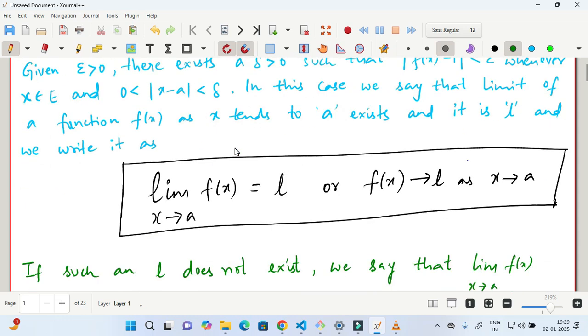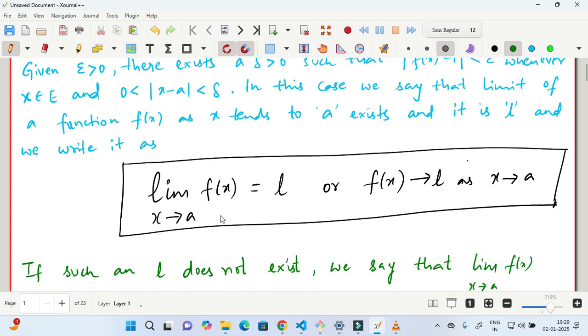So limit is nothing, it's very easy. Here, limit as x tends to a of f of x. So directly what we have to do is apply this x tending to a, x equals a in the functional value. If you apply it, then you'll be getting some result. That result is known as L.